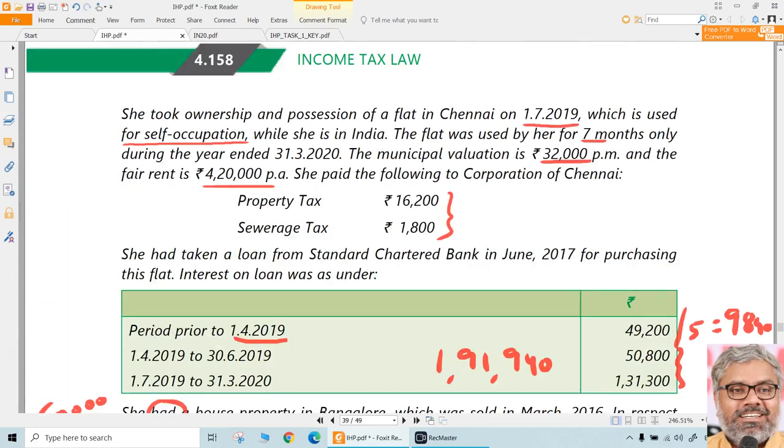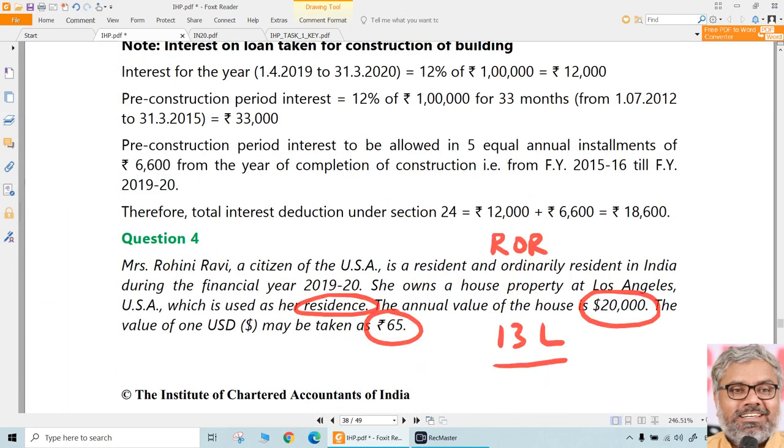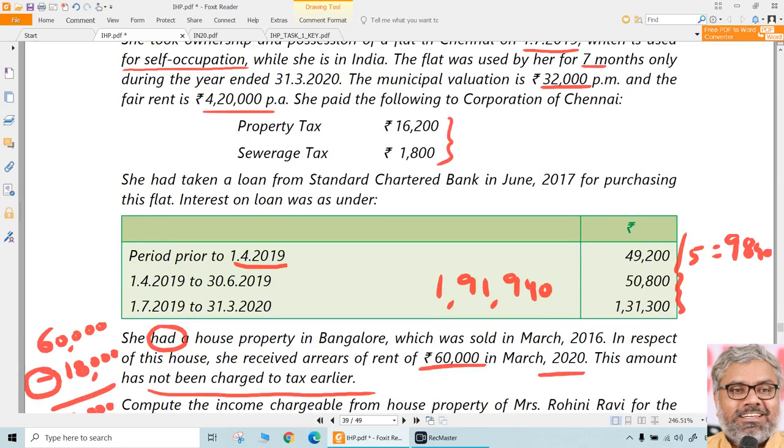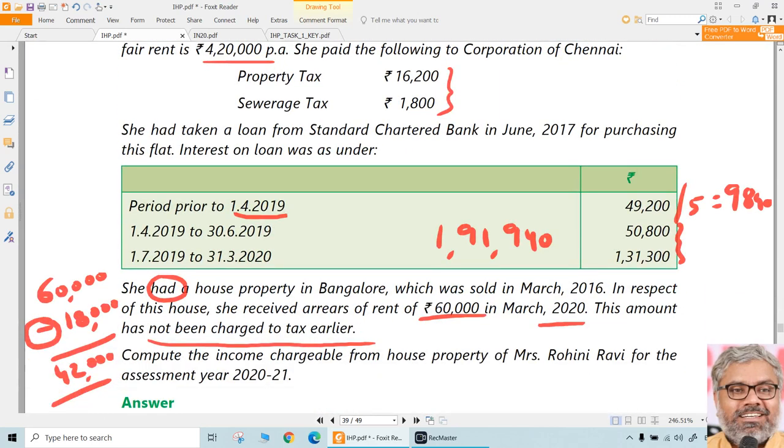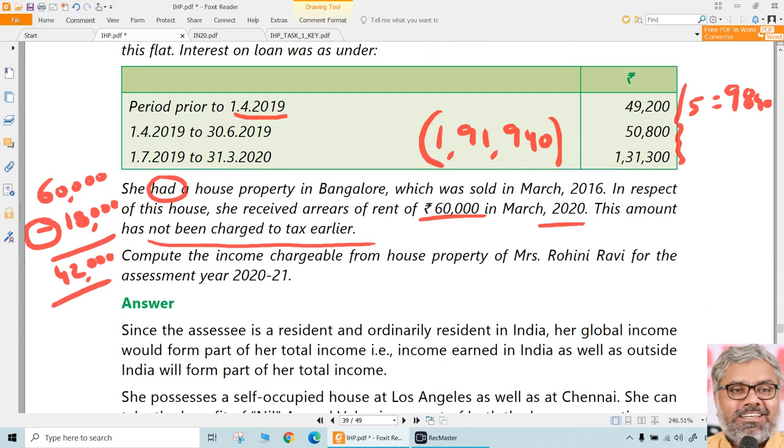So what about the Los Angeles property? Answer is 0, nil, because no interest and nothing is there. What about the Chennai property? Answer is negative 191,940, because that is the interest allowed as deduction. Then what about the Bangalore property? 42,000. So ultimately, how much is the final answer? Minus 191,940 plus 42,000.